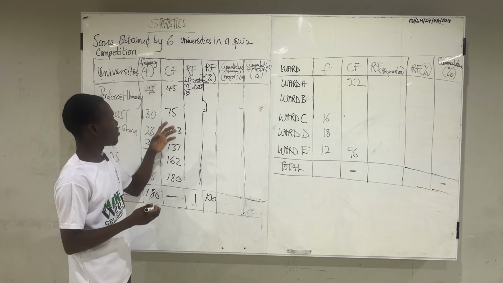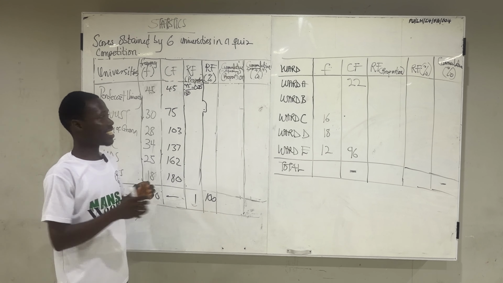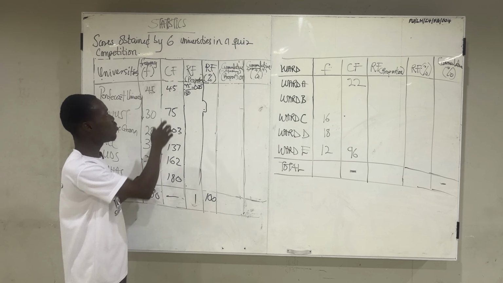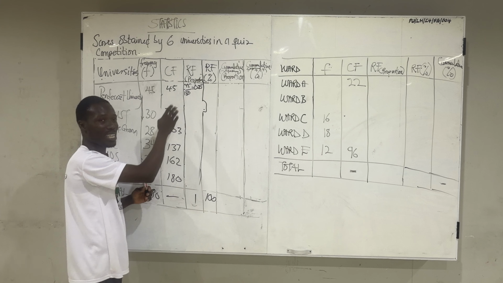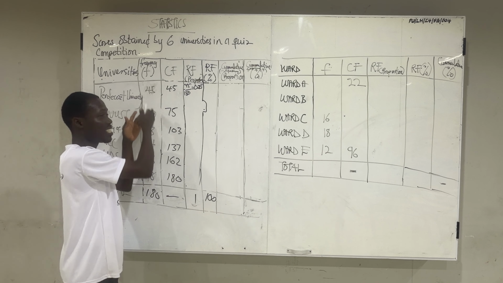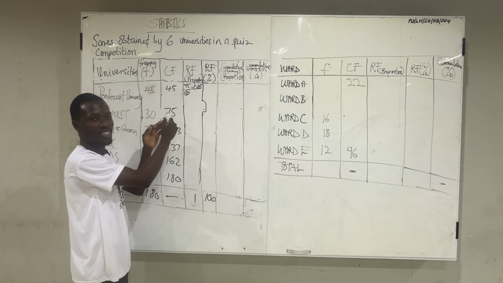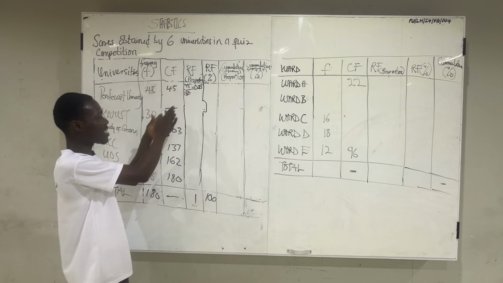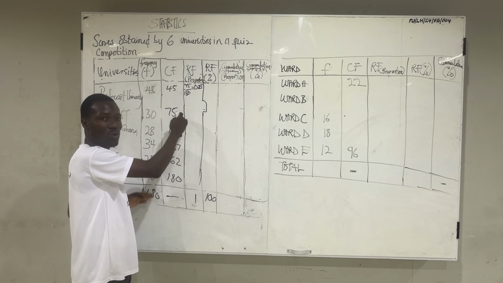You realize that most students make a mistake: when the table is like this, they mostly use the cumulative frequency to calculate the relative frequency. But what we have to use is the frequency, not the cumulative frequency. So you would realize that the first one I did, where I used 75 over 180, was actually a mistake.